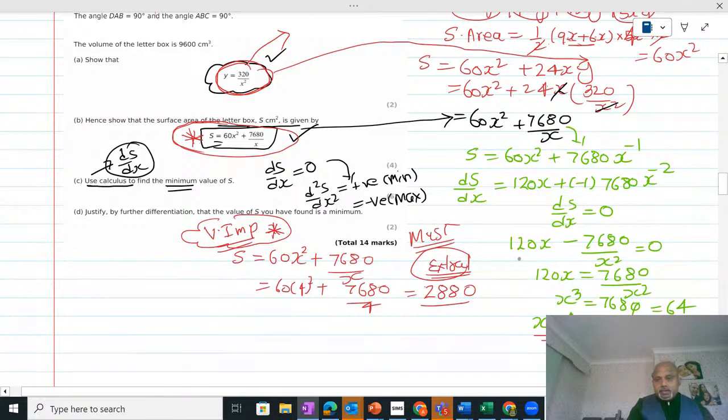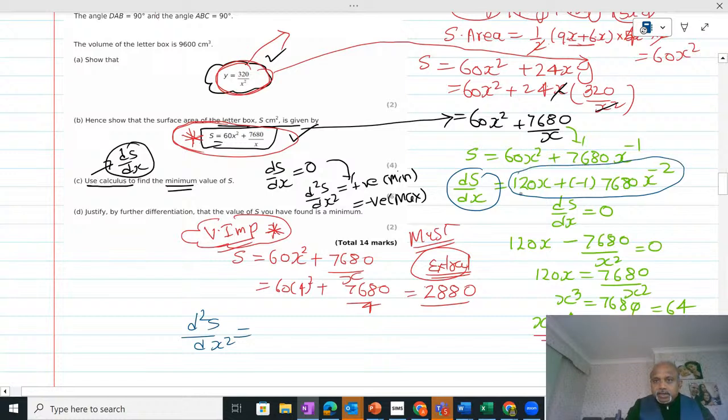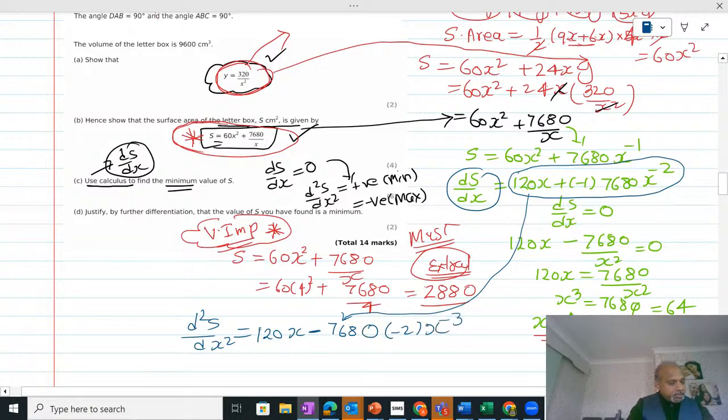So here we got ds over dx. Now you need to find d2s over dx2, the second derivative. Following this equation, this should be 120x minus 7680, and minus 2 comes forward, x to the power minus 3.